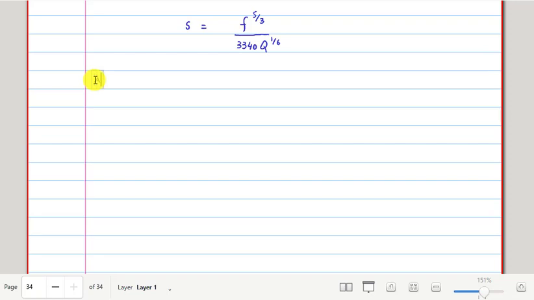Okay, so according to Lacey, eddies will be generated from both side slopes and bed of the canal.